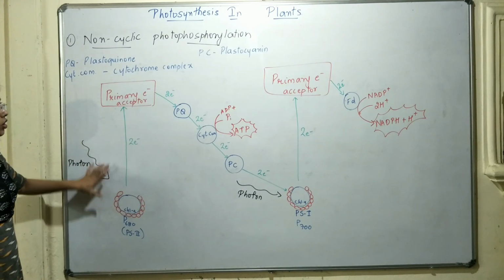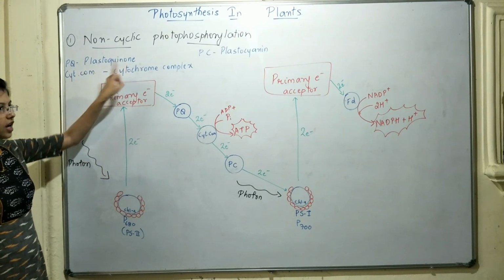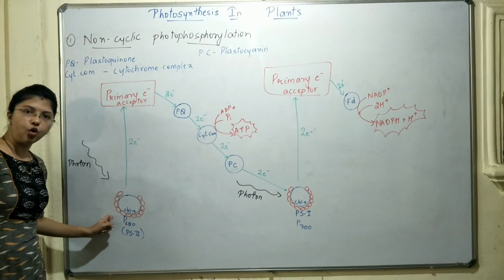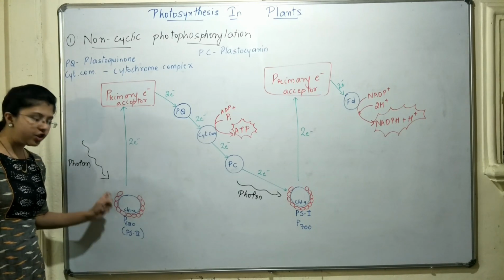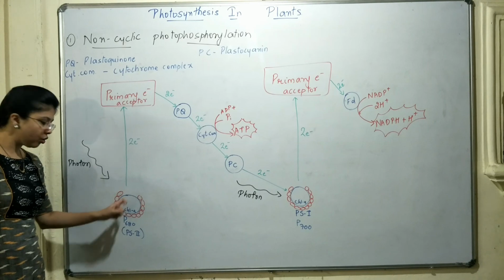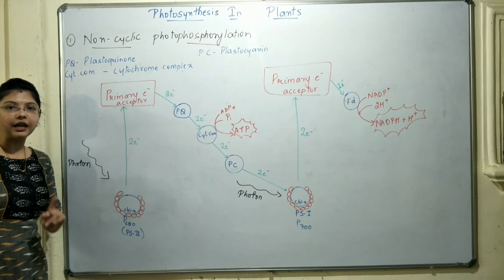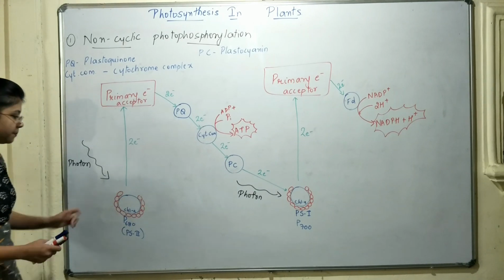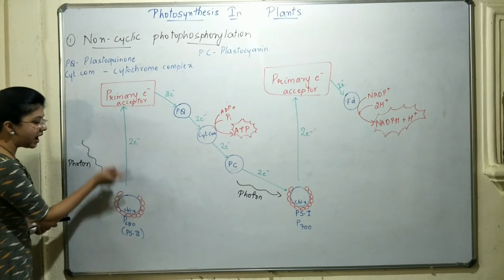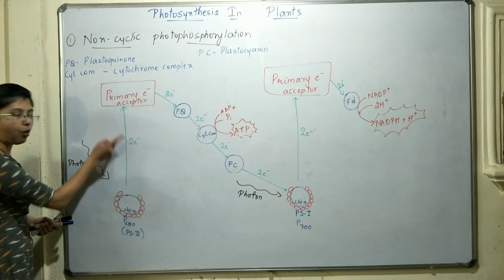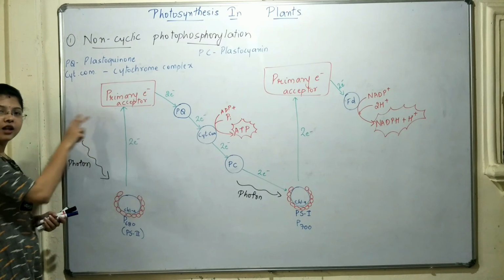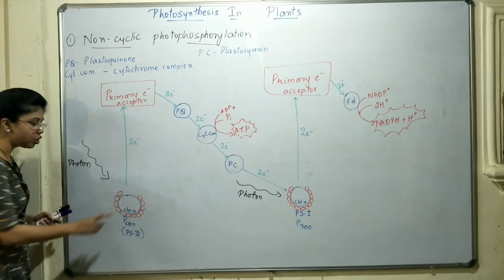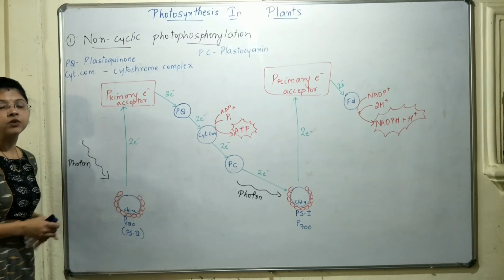As I told you earlier also, the non-cyclic photophosphorylation is going to start with PS2, which has a reaction center chlorophyll A molecule absorbing 680 nanometers of light. Now, the electron that the chlorophyll A molecule transfers to the electron acceptor every time should also be replaced.